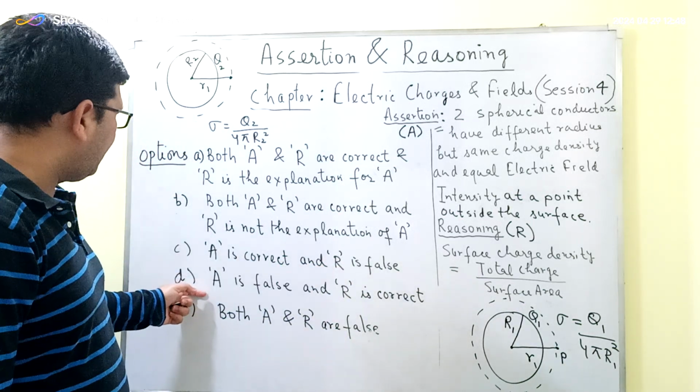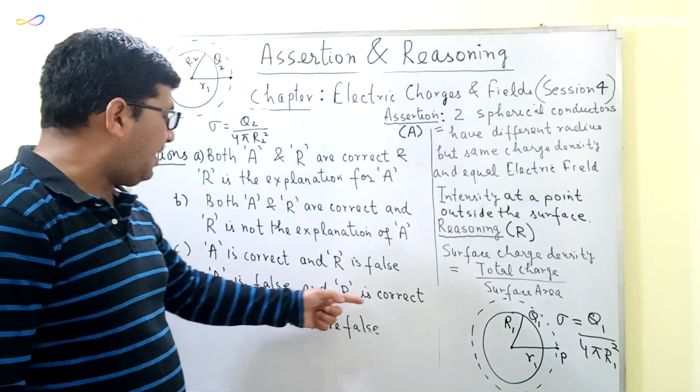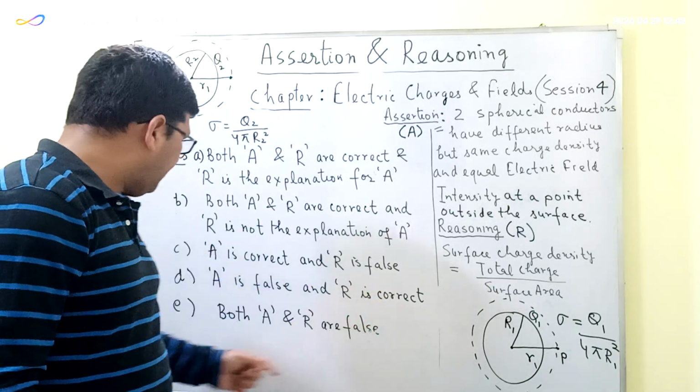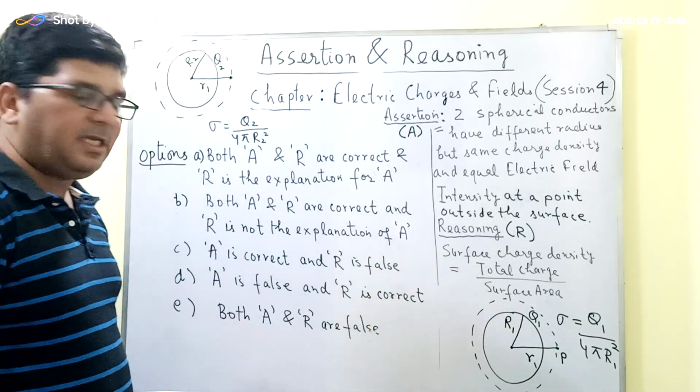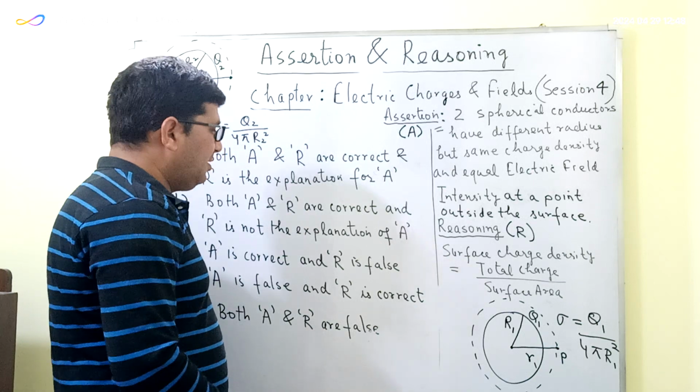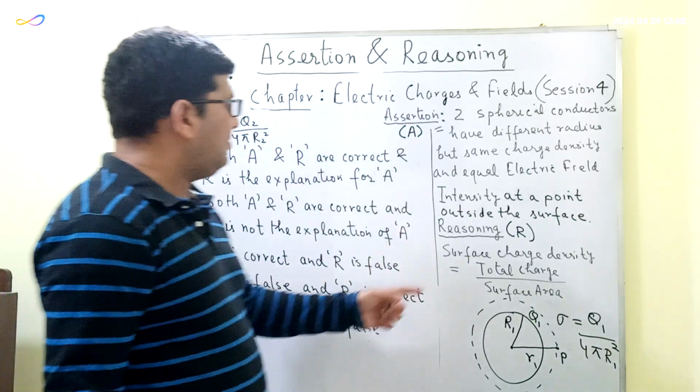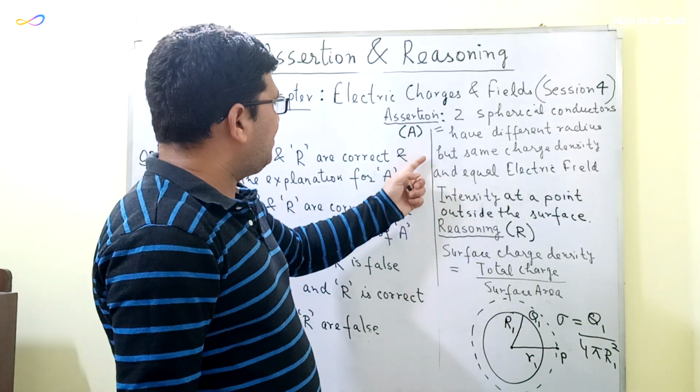D is correct when A is false and R is correct, and E is when both A and R are false.